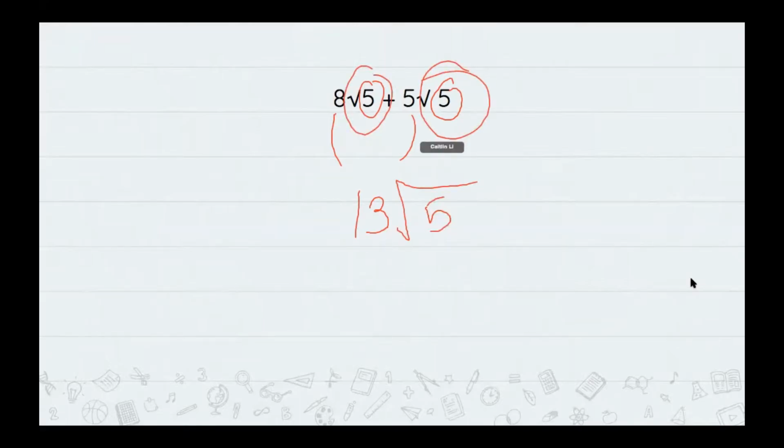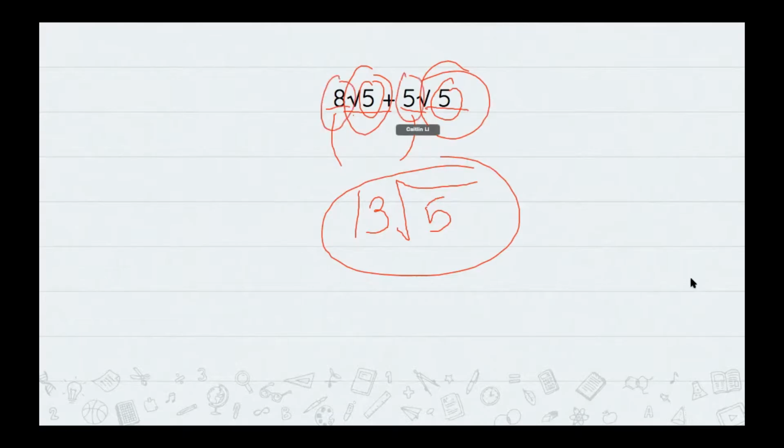And this would be your final answer. So you just add the number in front, and then because these two are the same, you just write it down next to the sum of the front two numbers, and that's the entire answer.